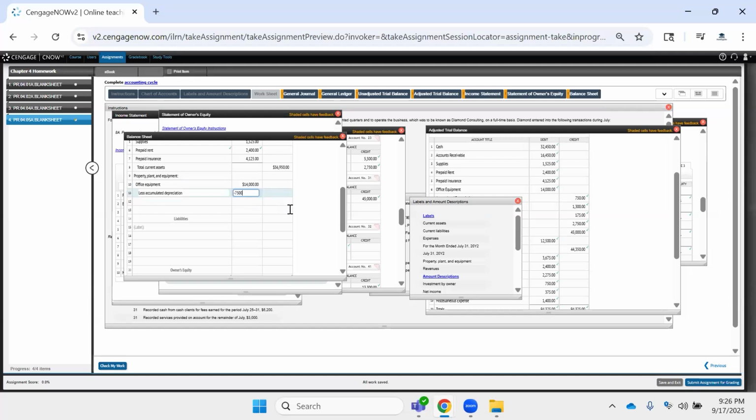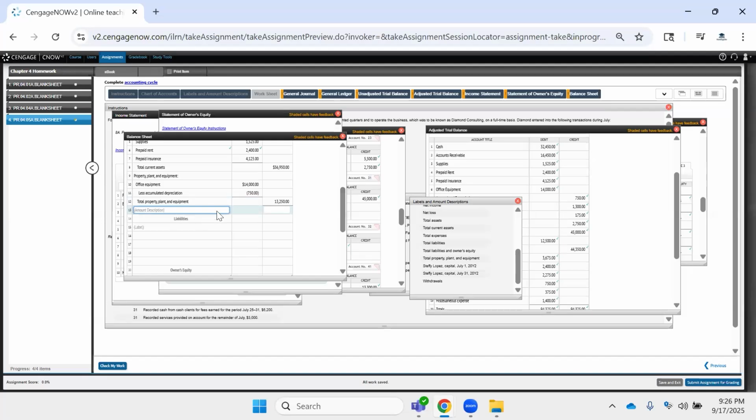Our accumulated depreciation is a contra asset, so it's displayed in the assets section of the balance sheet so that we can show our net property, plant, and equipment, which is listed here. Our label is total property, plant, and equipment. And so we subtract that to get 13,250.